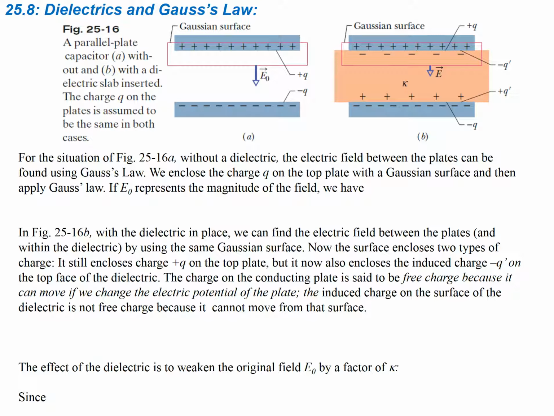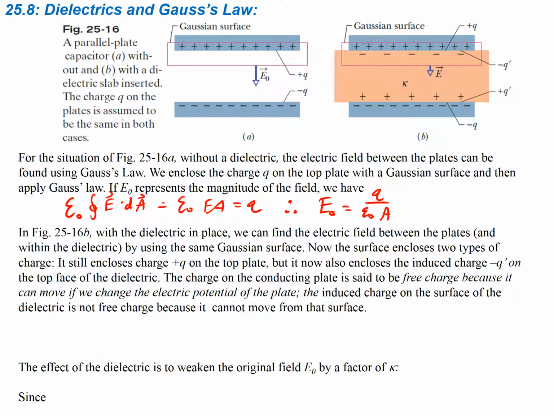We enclose the charge Q on the top plate with a Gaussian surface, and then applying Gauss's law, if E naught represents the magnitude of the electric field, we have epsilon naught times the integral of E dot dA, which is just going to equal epsilon naught E A, is equal to Q. Therefore, if we again use E naught to represent the magnitude of the electric field before the slab is put in, our electric field E naught is just going to be equal to Q divided by epsilon naught times A, which is the area.